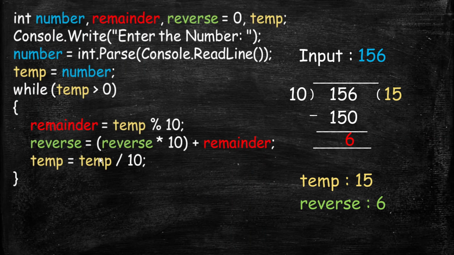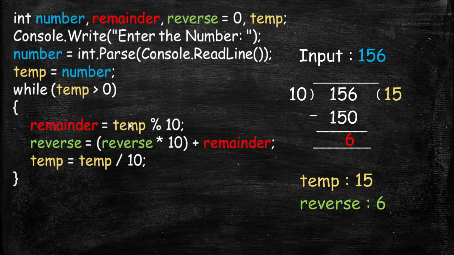So basically this is the formula which will reverse the number. Now our reverse number is 6, and the temp is 15. Then this loop will run again and it will check if 15, which was the temp value, is greater than 0. It is true, so it will run again.